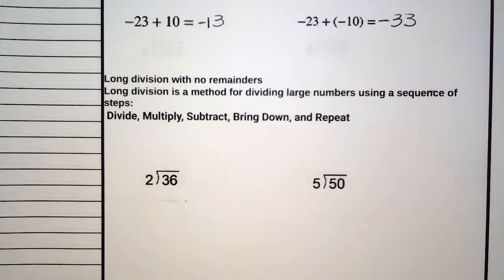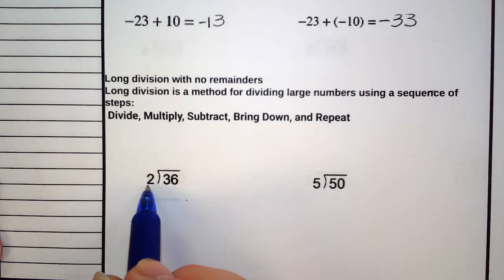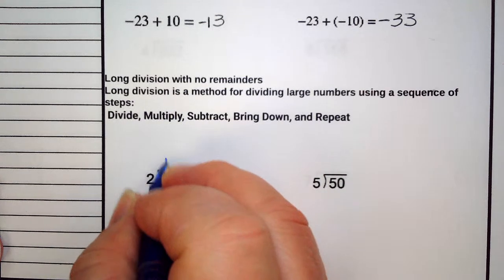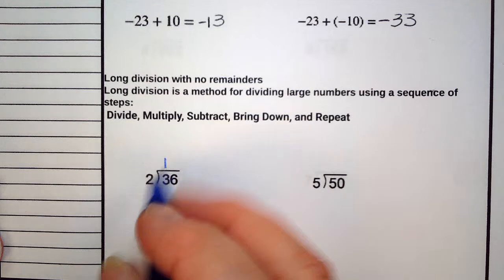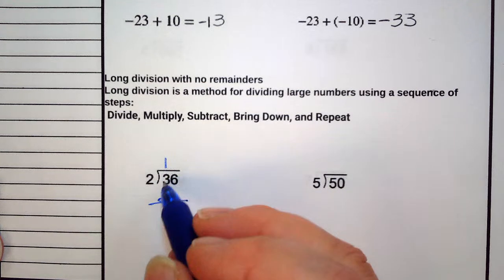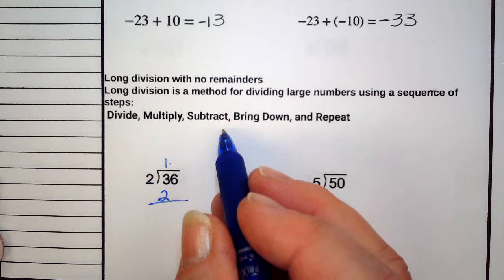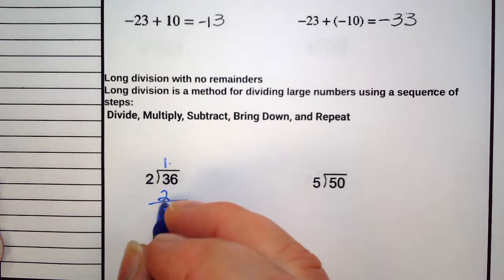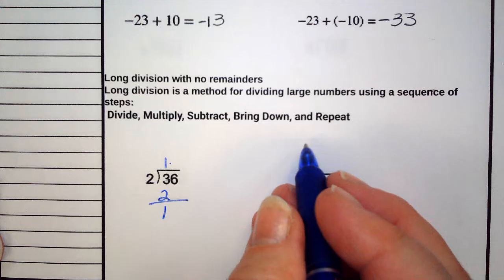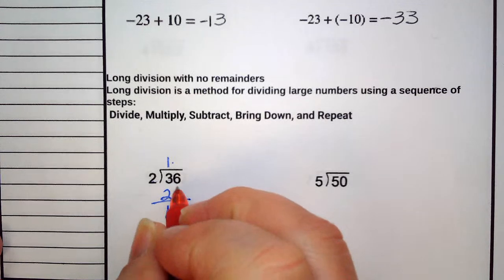So if I'm looking at the first one, 3 divided by 2 is 1. 1 times 2 is 2. I divided, I multiplied, I'm going to subtract. 2 minus 1 is 1. Then I bring down the 6.